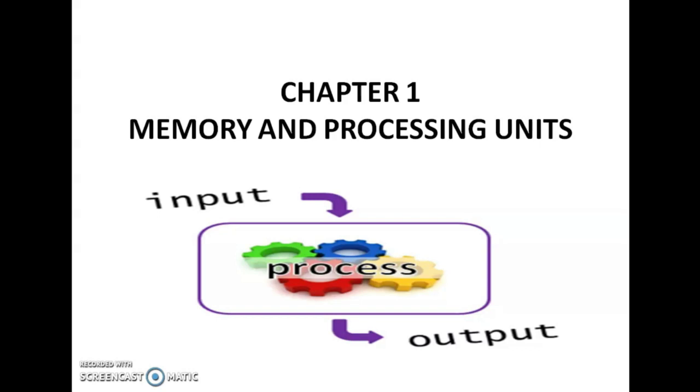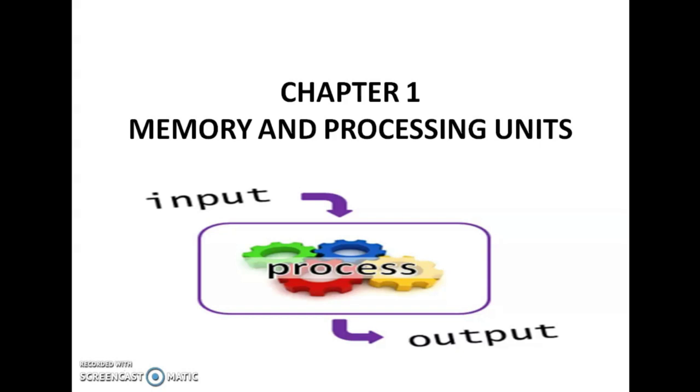The computer then processes the data in the CPU and returns back the result, which is the output displayed on the screen. So this is the input, process, output cycle. Whatever data we give is raw and unprocessed. It becomes processed data, and this processed data is called information.